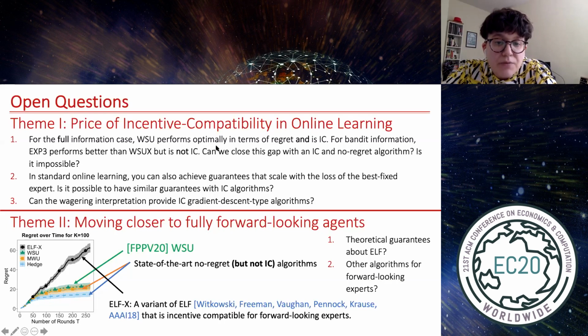What does it mean by full information setting and Bandit setting? The full information setting for the prediction with expert advice problem is when the learner gets to observe the predictions of all forecasters. For example, in the 538 example, you get to see the polls of all the pollsters.